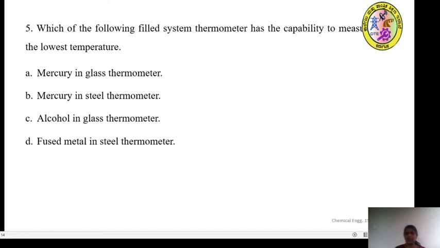The answer is alcohol in glass thermometer. The range of various thermometers is given in the further sessions that you have to go through, and you should have a thorough knowledge of those operating temperature ranges.